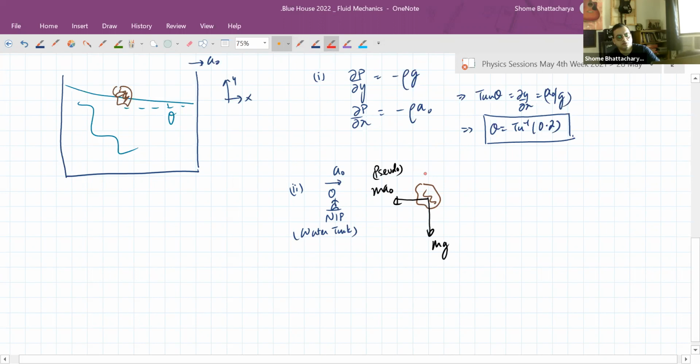But now buoyancy will have a vertical component and a horizontal component. So our net buoyant force will be the vector sum of these two components. Our net buoyant force will be like this.